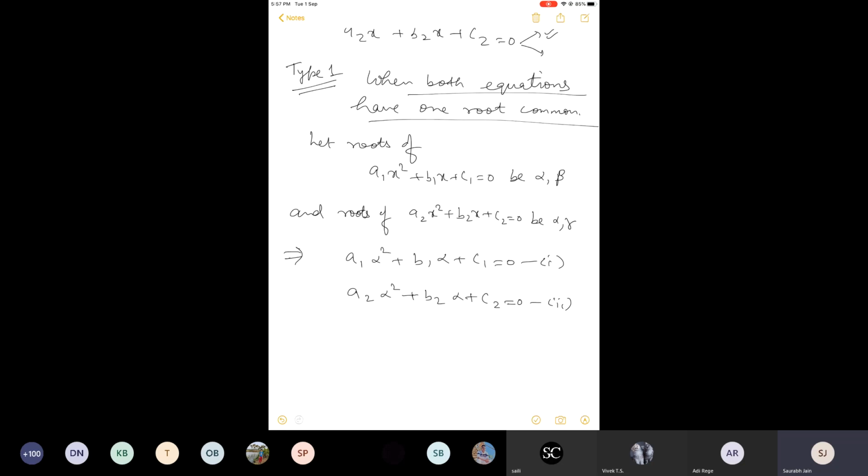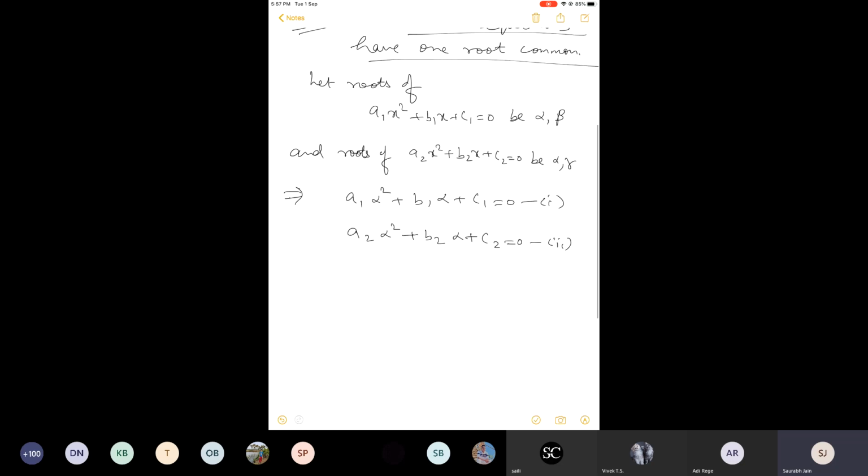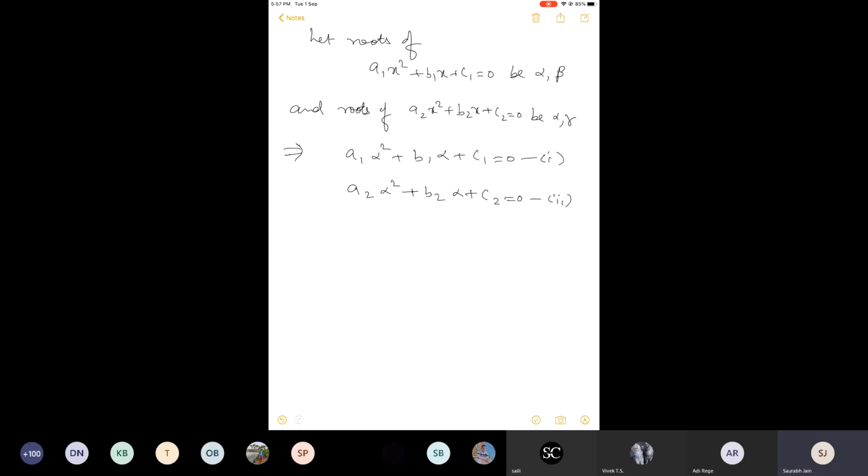Okay, so now we have these two equations. We'll first try to find alpha from here. As I am saying, this is the working rule. We will have to follow this in questions also. So I have to find alpha, and for this I will use the elimination process.